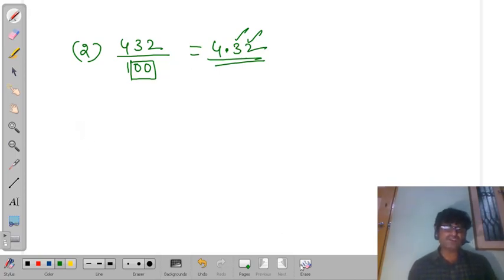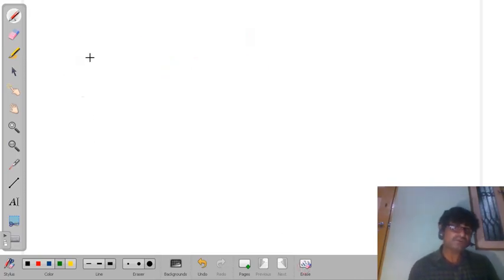Let me give one more. What is the fractional form of 57.42 with the 2 under the bar? Just the 2 under the bar.